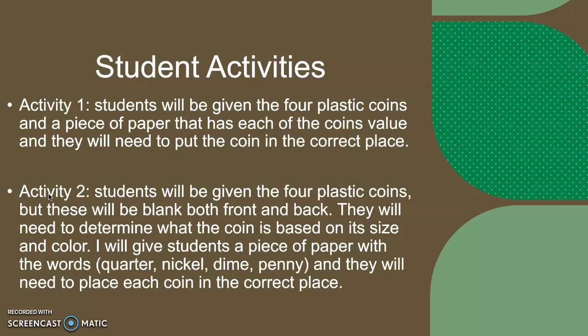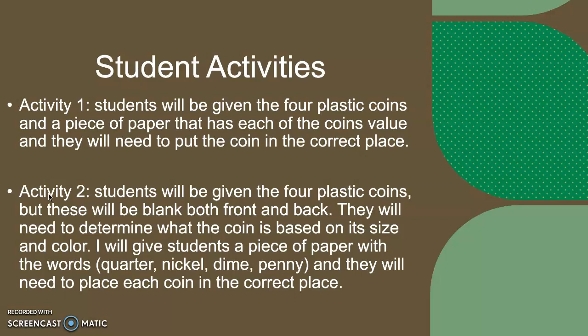And the second activity is students will be given 4 plastic coins again, but these coins will be blank both front and back. So it will just be the quarter in silver, nothing on the front or the back, just a blank coin. You will need to determine the name of the coin based on its size and color.